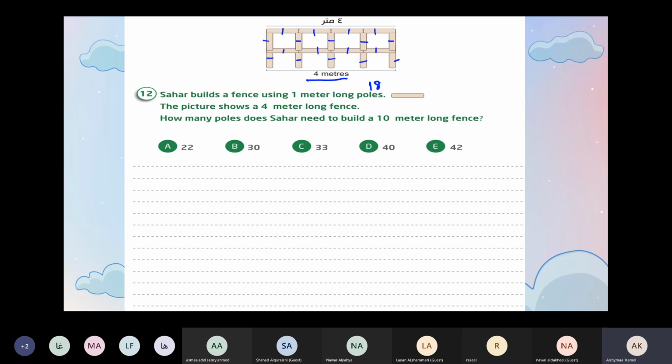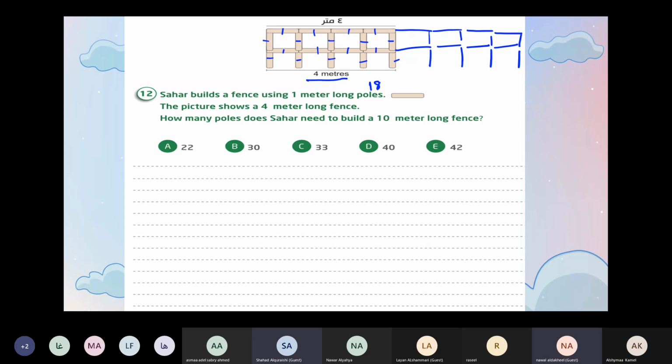This is 4 meters with 18. If I put beside them another 4 meters, they're going to be 19, 20, 21, 22, 23, 24, 25, 26. 33? Together? 33 or 34?